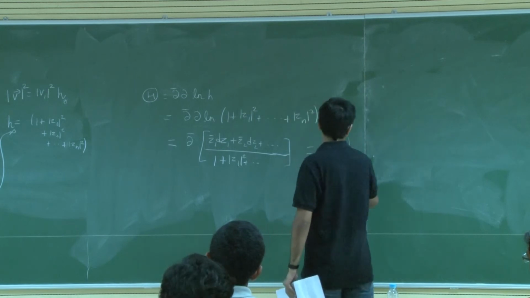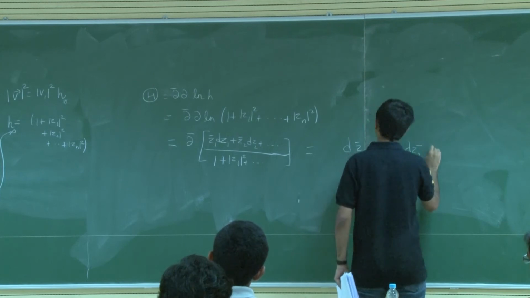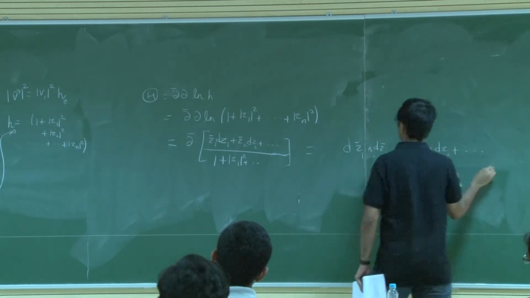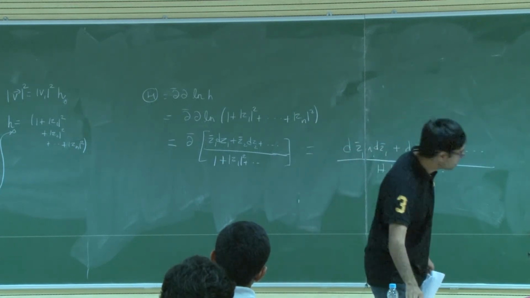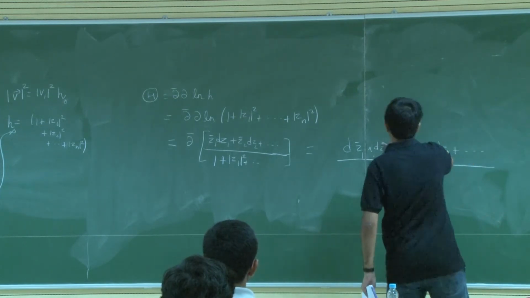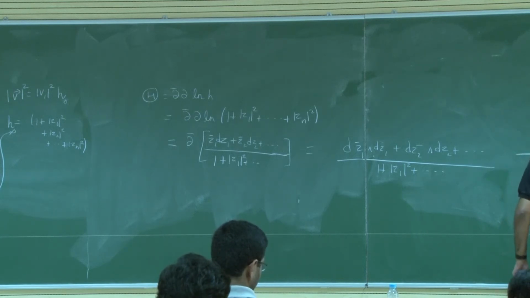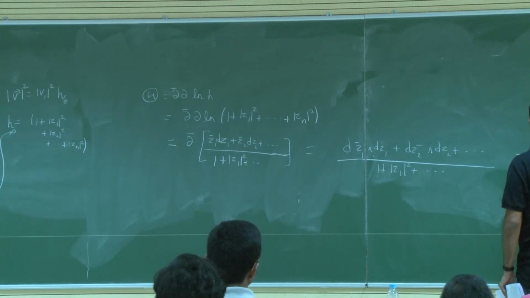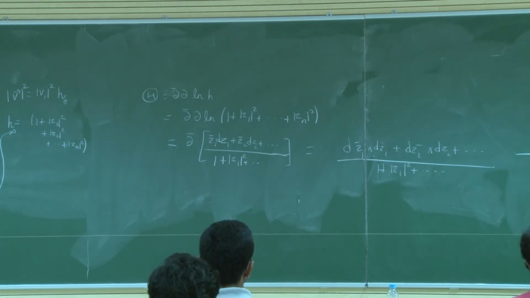This appears messy, but it's actually quite a pleasant curvature expression compared to the nonsense you'll usually see. Oh, sorry, you're right, minus the square times z1 dz1 bar plus z2 dz2 bar plus so on, wedge z1 bar dz1, and so on.